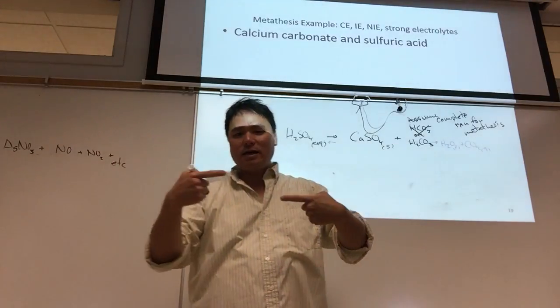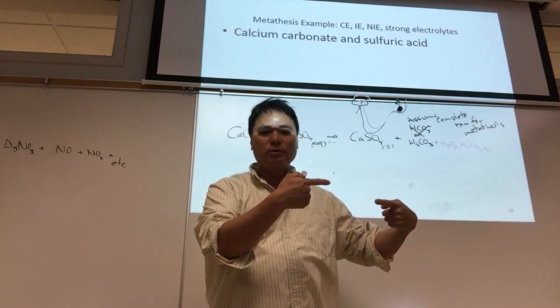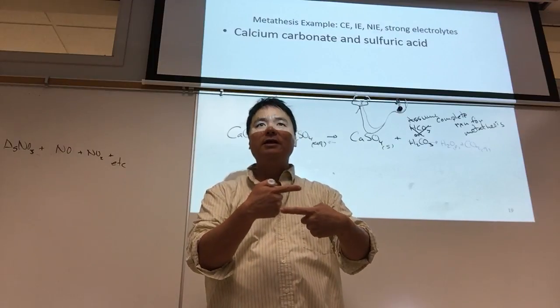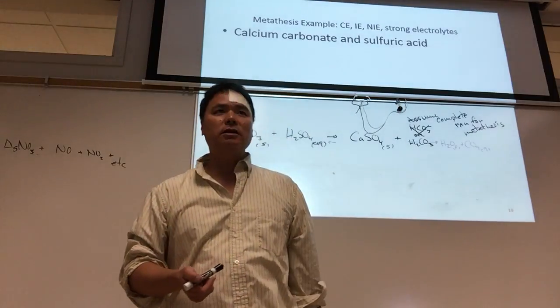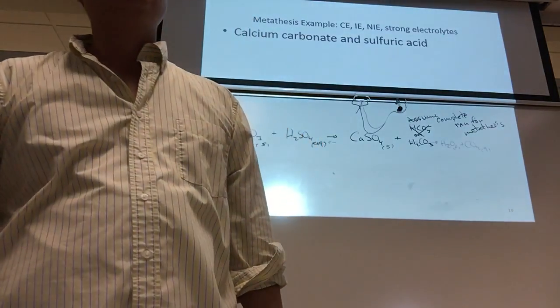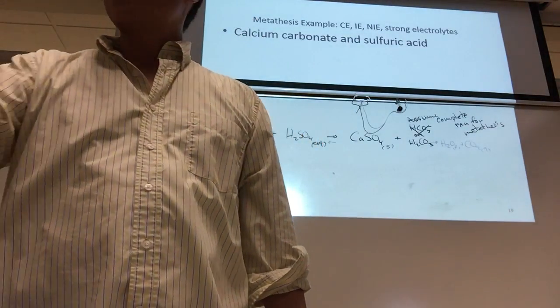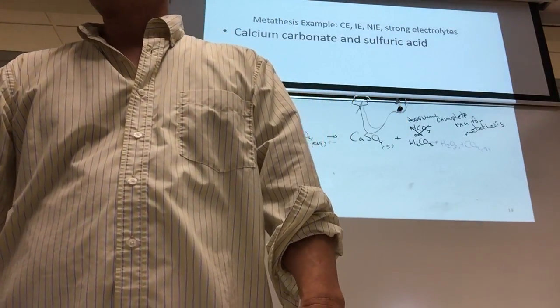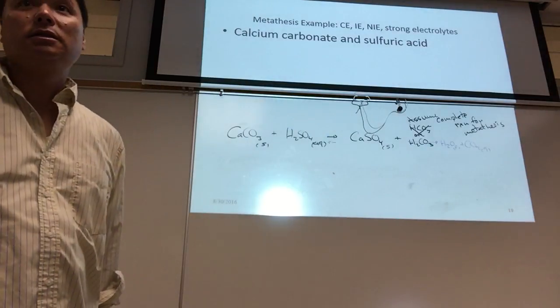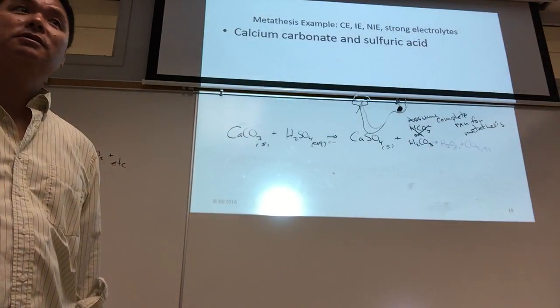So you can't say one direction is precipitation, the other direction is precipitation. Is that the leveling effect for precipitation? Is there such a thing as the leveling effect for precipitation? We got precipitation in forward, precipitation in backwards, so therefore they cancel each other out. Is that the case? No, that's not the case.